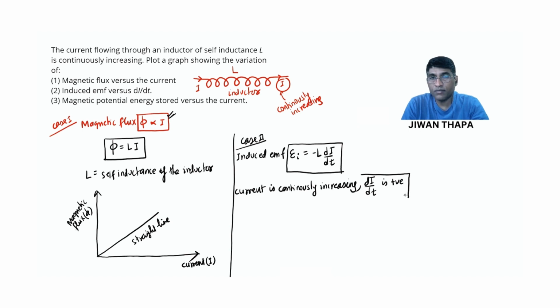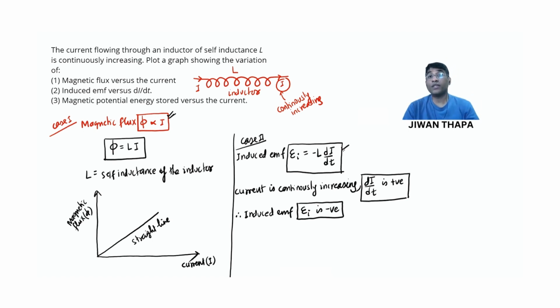Clear? Therefore, the induced EMF, EI, is negative. We can see from this relation also, induced EMF is negative L di by dt, so di by dt is positive for continuously increasing current.